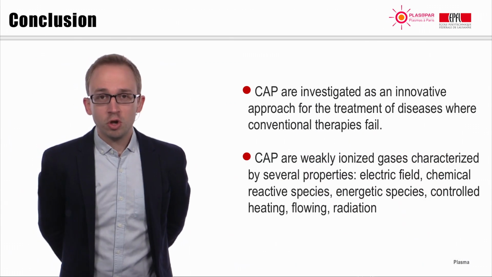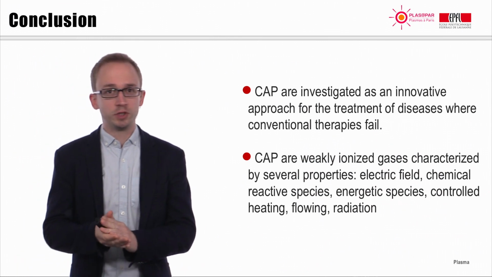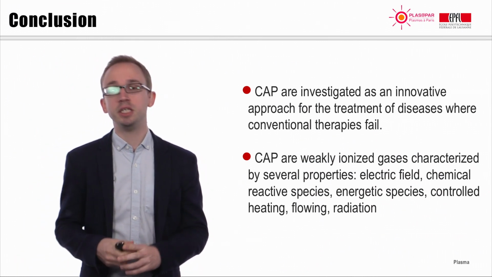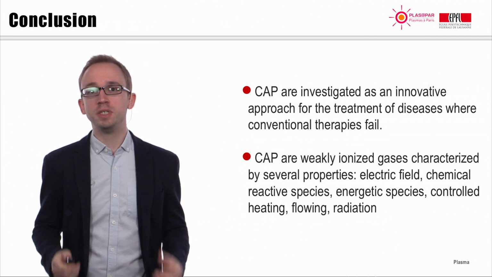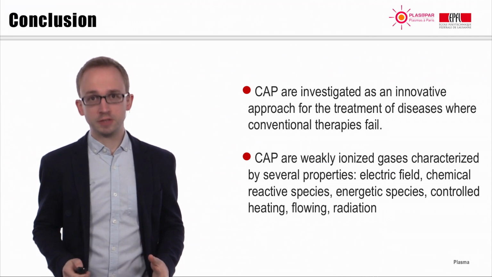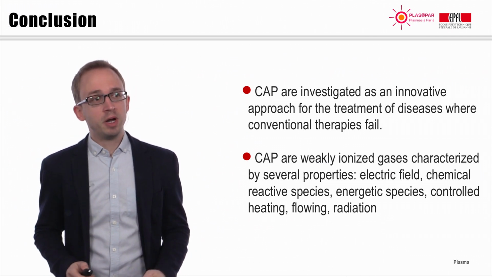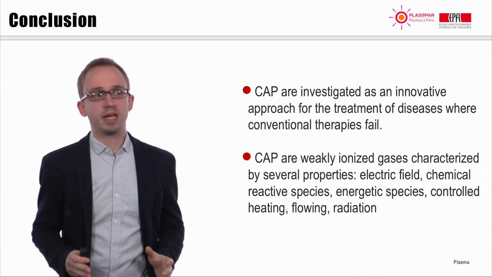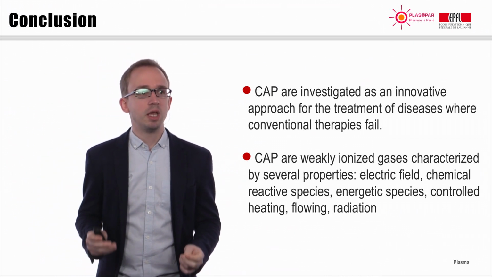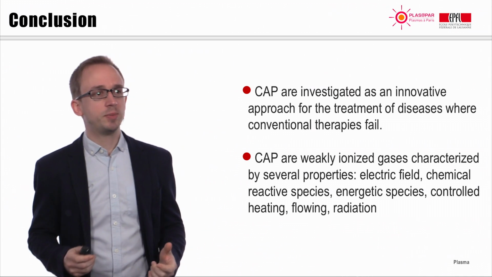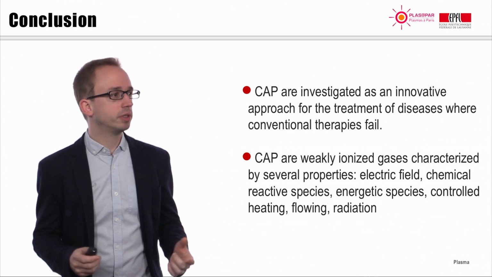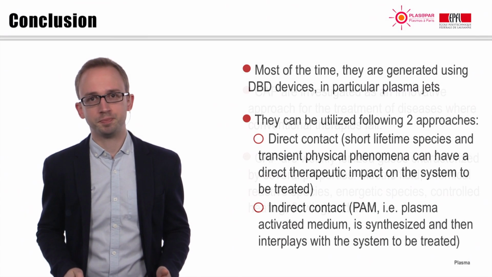So, as a conclusion, we have to keep in mind that cold atmospheric plasmas are investigated as an innovative approach for the treatment of diseases where conventional therapies fail. Cold atmospheric plasmas are weakly ionized gases characterized by several properties: electric field, chemical reactive species, energetic species, controlled heating, flowing, and radiation.